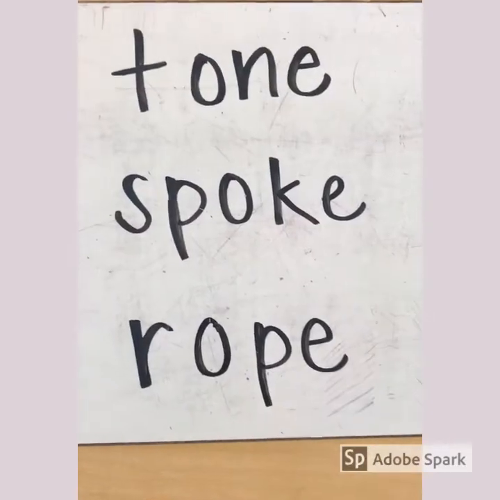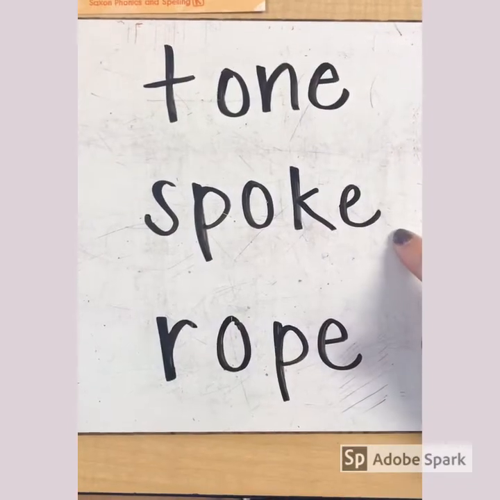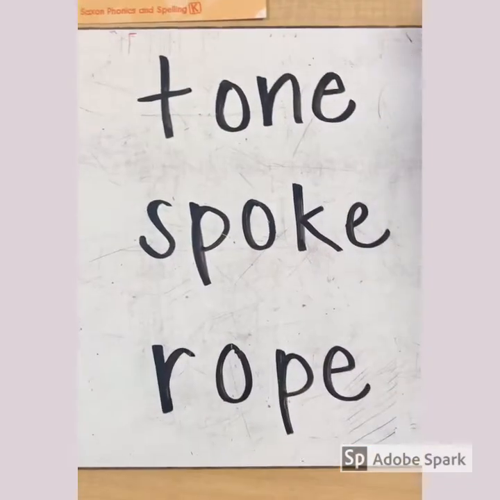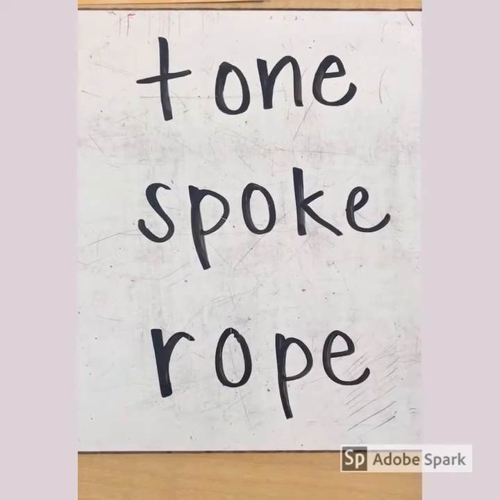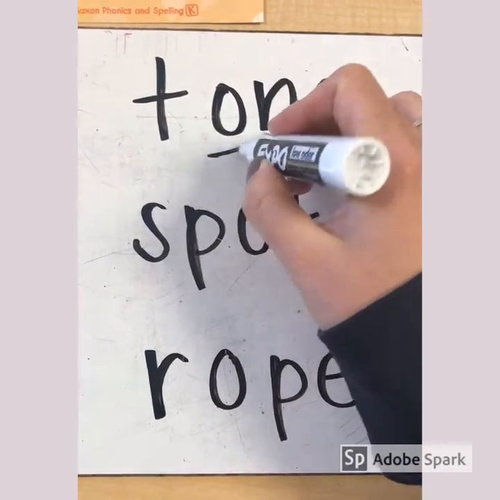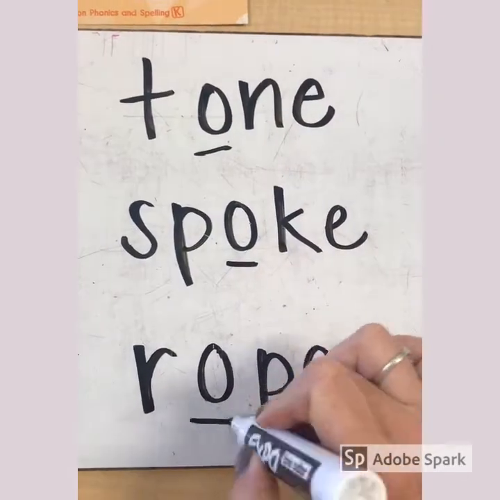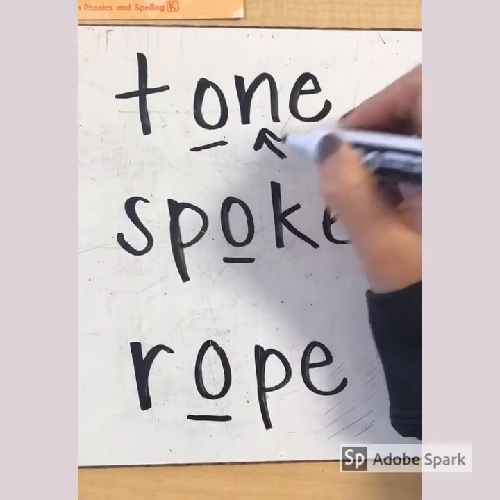Okay, here are those three words. Tone, spoke, rope. What do you notice about each of these words? What looks similar? They all have O's in the middle, right? After the O, they all have a consonant.